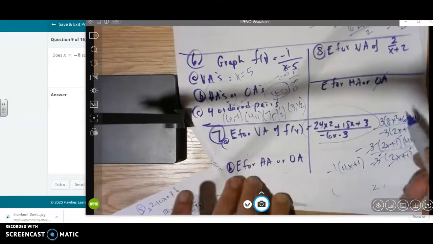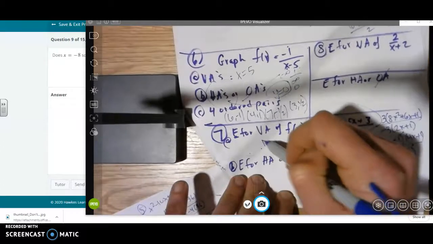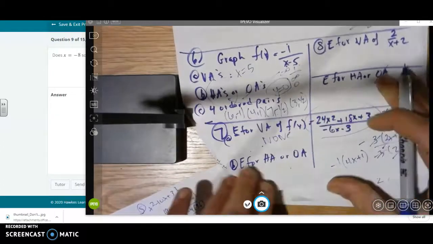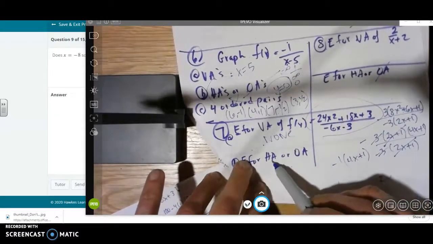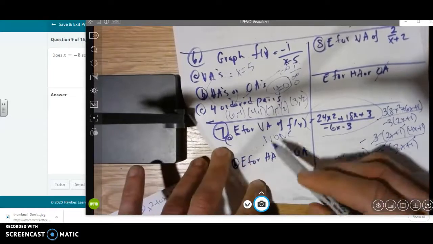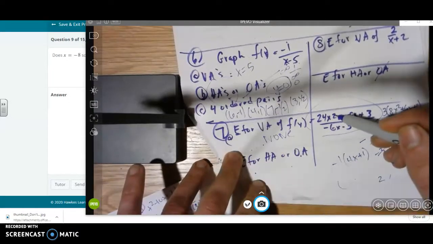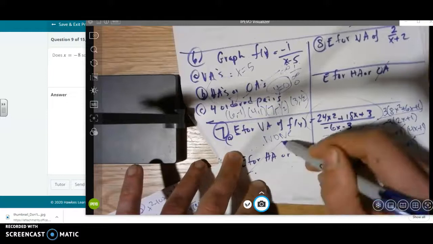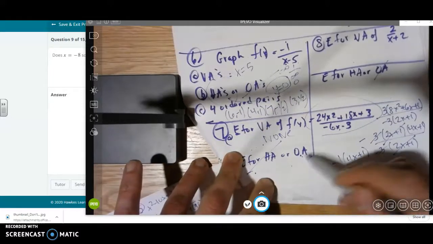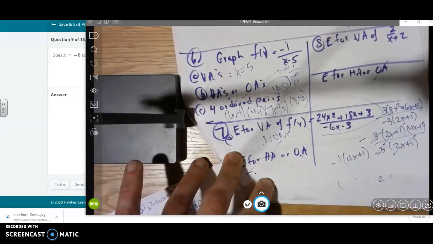So you do not have an equation for a vertical asymptote. It's none right here. Okay, now the equation for horizontal or oblique. Well, there is no horizontal because the numerator has a higher power than the denominator, so there is no equation for the horizontal. The oblique has one higher than that.